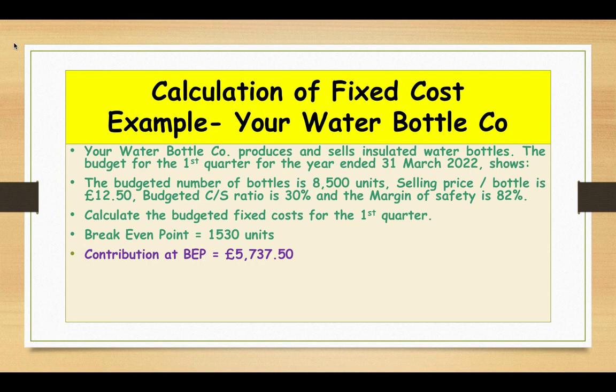So our contribution at break-even point is £5,737.50. This is our fixed cost. So the fixed cost is £5,737.50, which is the same as our contribution at break-even point.